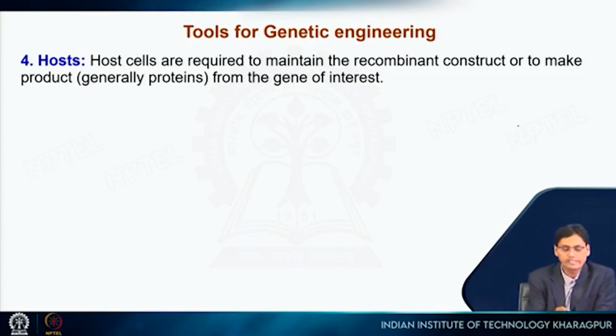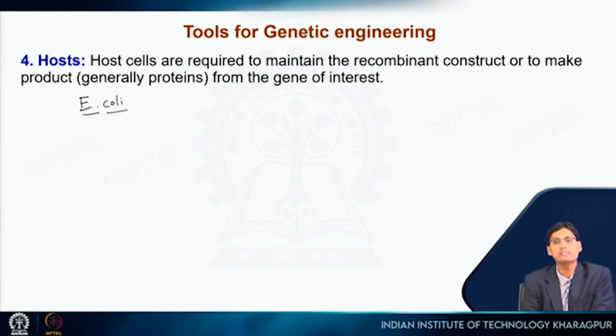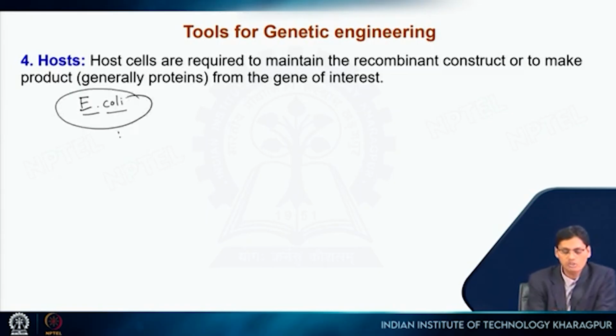Very frequently we use a laboratory strain of E. coli, Escherichia coli. This is the laboratory strain, a non-pathogenic strain. So you can use this E. coli strain as host cell to express your protein of interest.